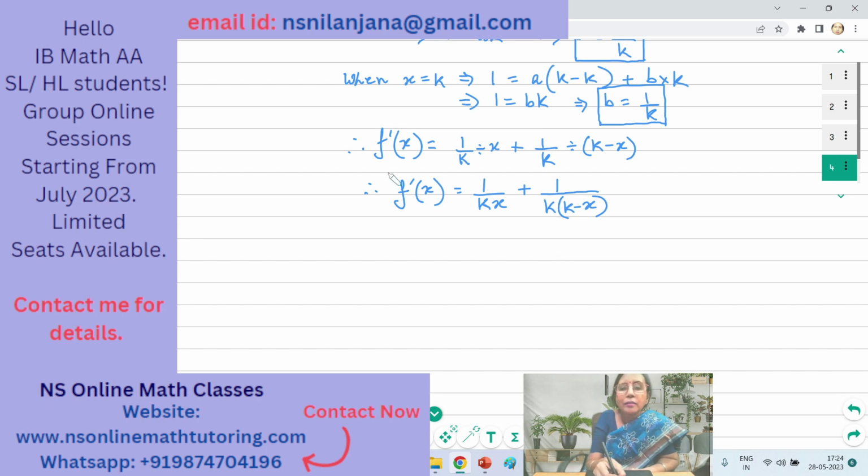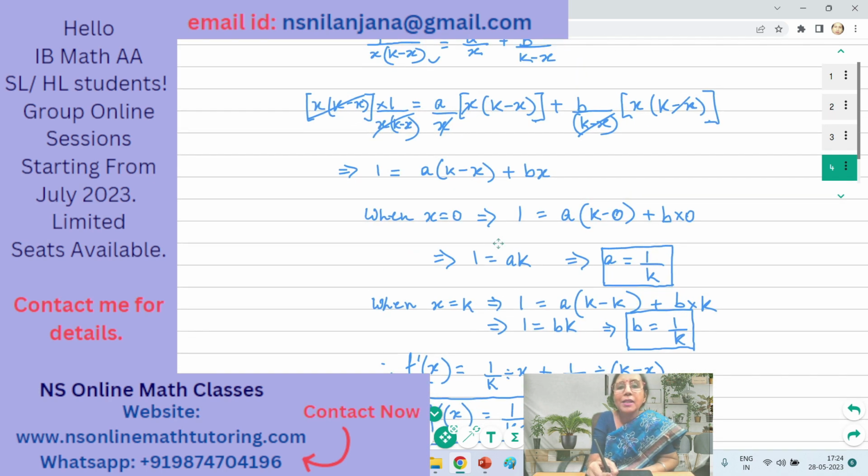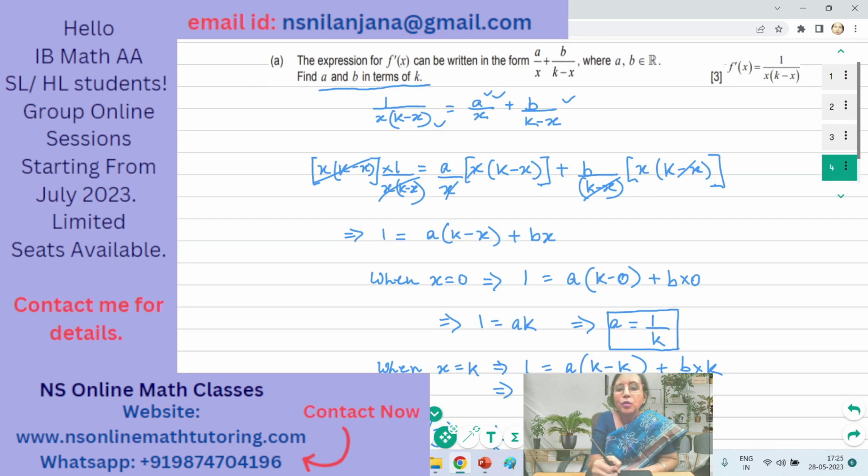Okay. We have expressed f dash x as the sum of two partial fractions, A over x plus B over k minus x. So now we go to subpart B.